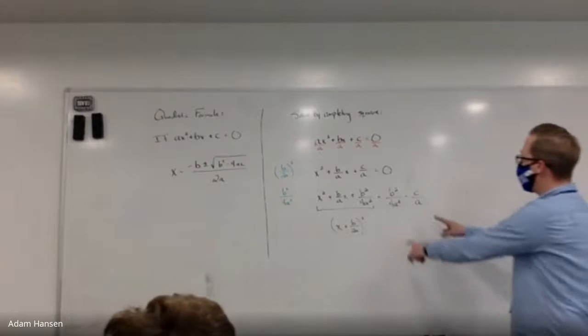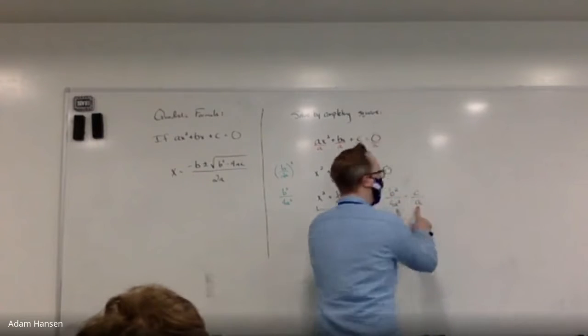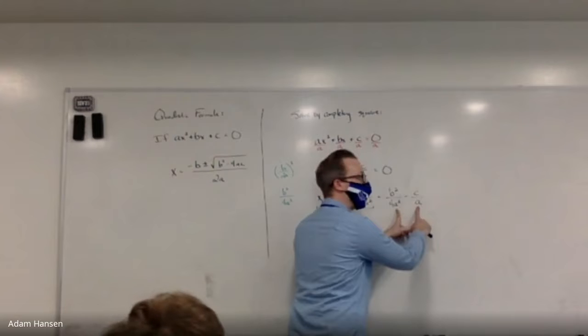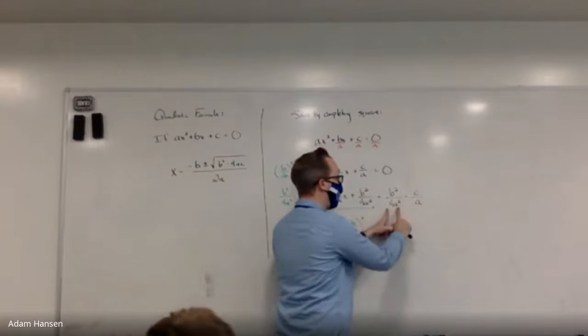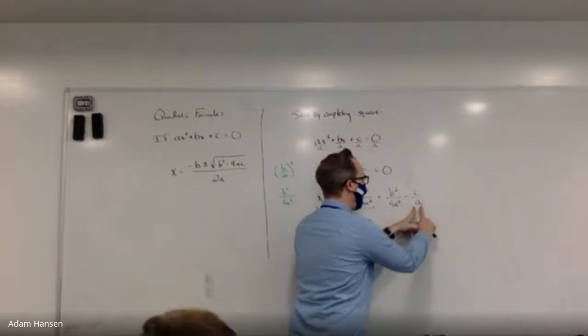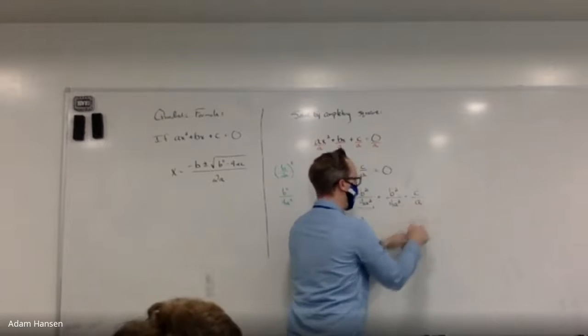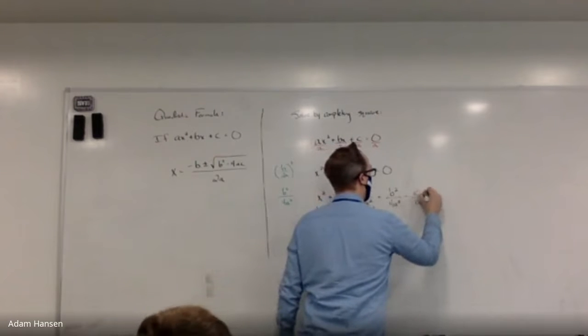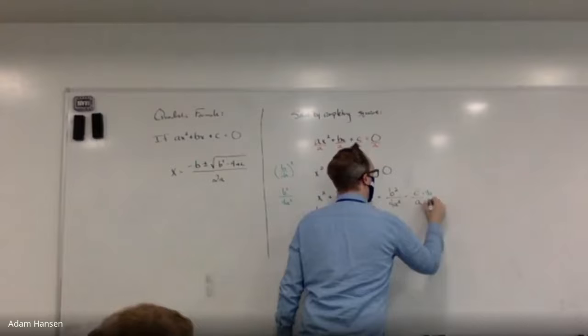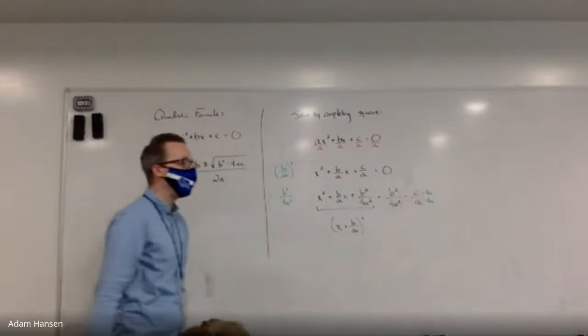I need to subtract these two ratios. How do I subtract fractions? What do I have to have first? A common denominator. This has 4a squared in the denominator. This has just a. So I need to multiply this other fraction by 4a to put the 4a squared in that denominator.